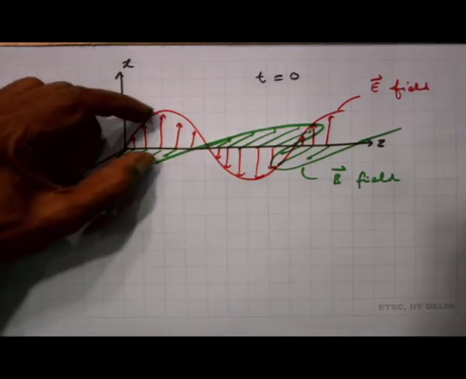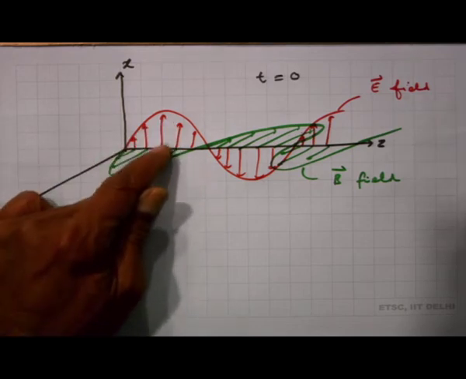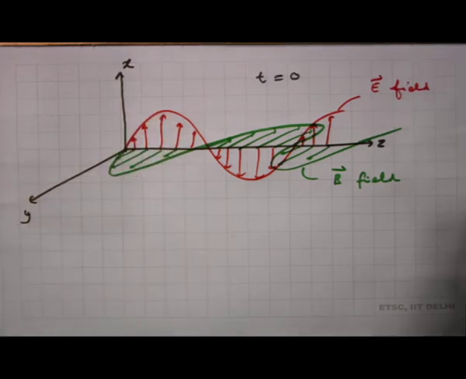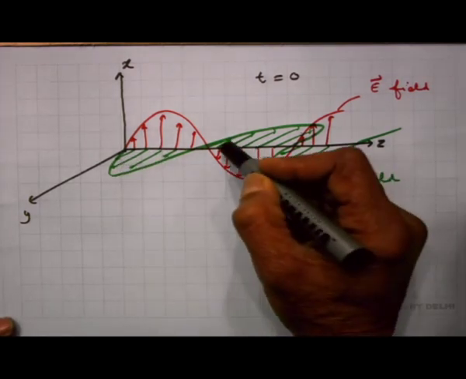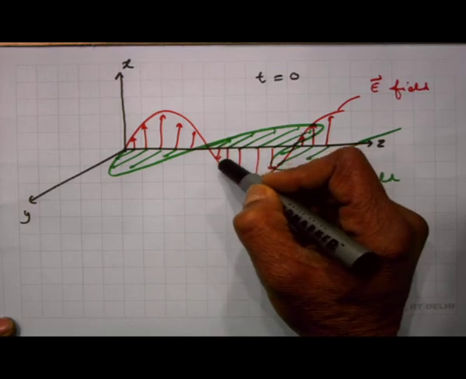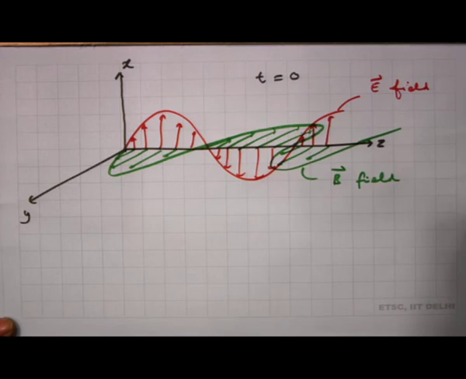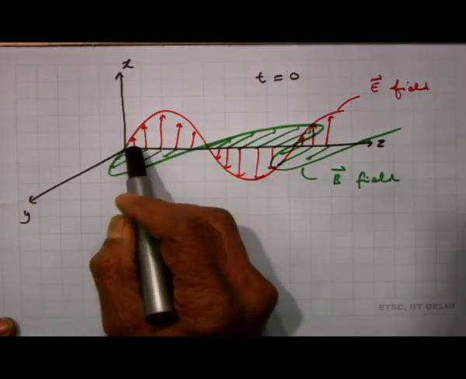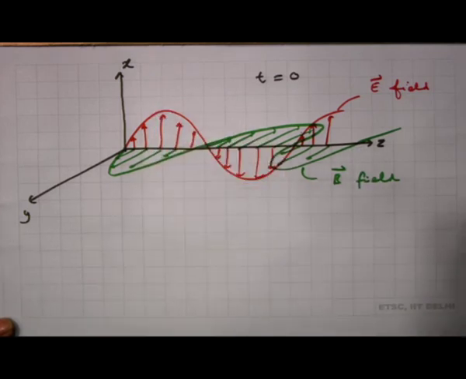This arrow represents the fact that at this point the electric field has this magnitude and direction, and at the same point the magnetic field has this magnitude and direction. Similarly, here the electric field has this magnitude and direction, and the magnetic field has this magnitude and direction. These are nothing but electric and magnetic fields represented along the axis by these arrows, and this line does not represent a displacement of a particle or of a medium.